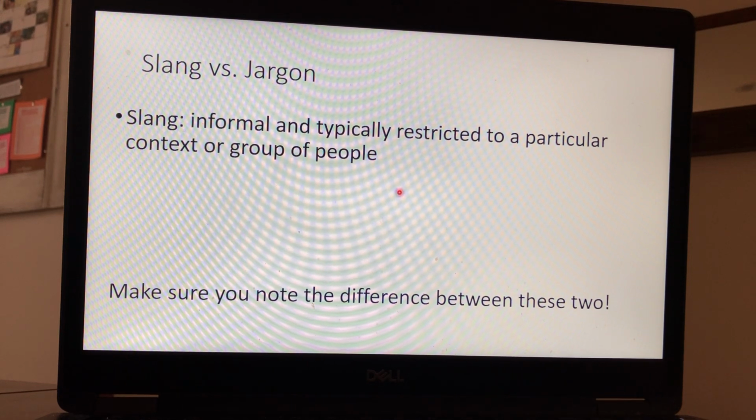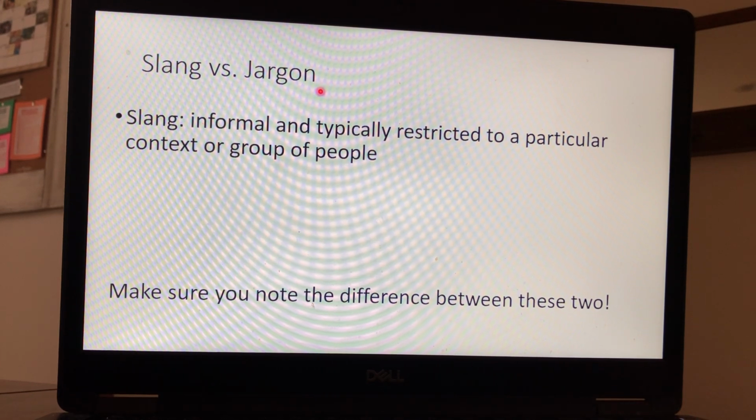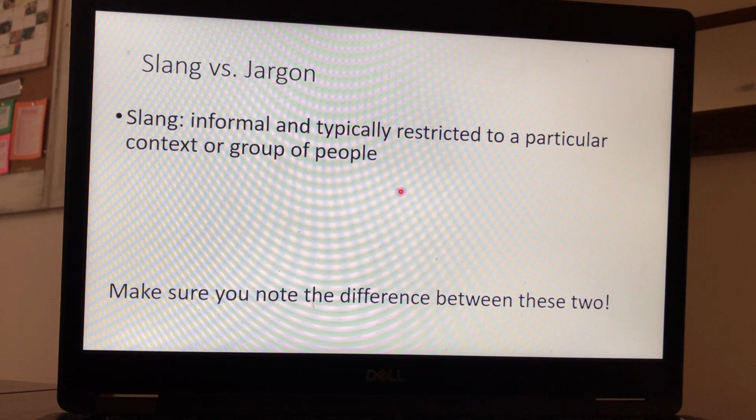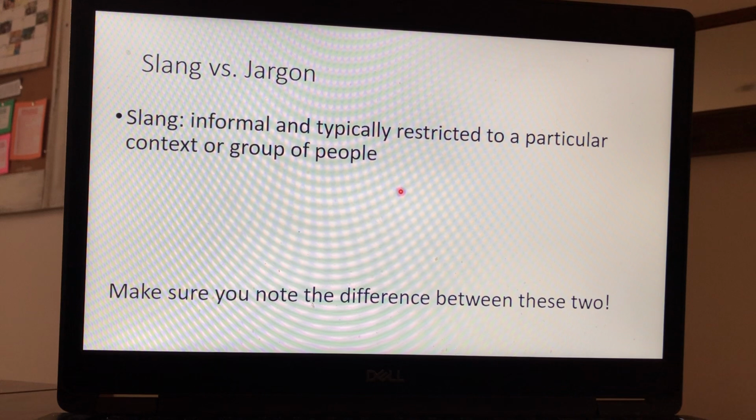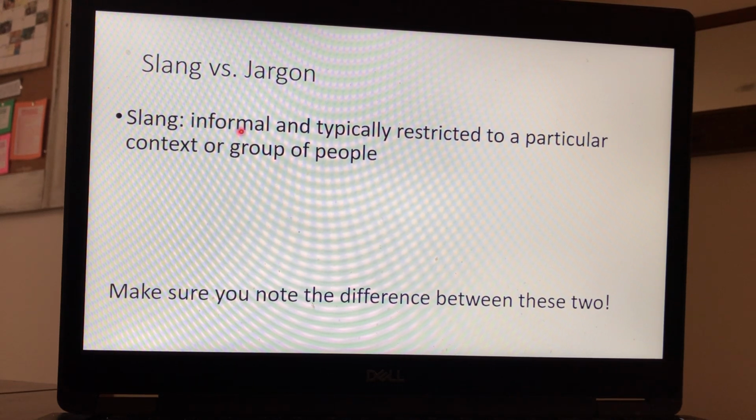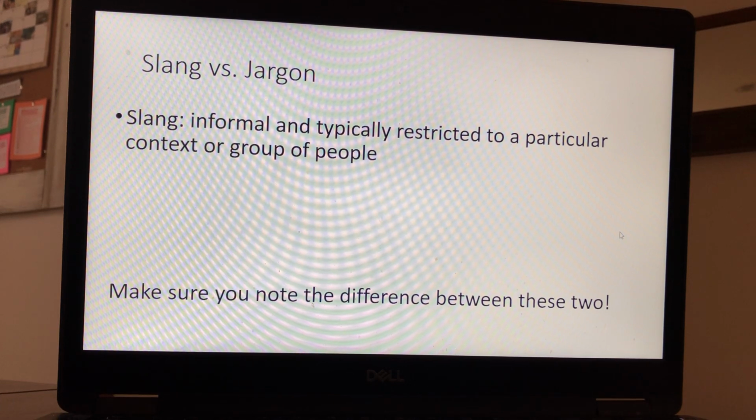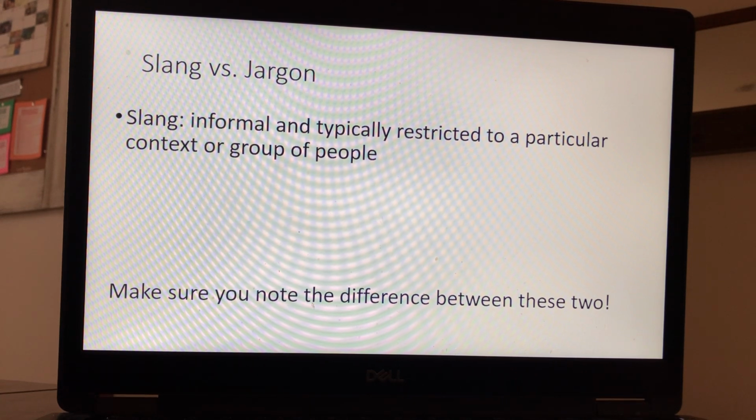Another one is slang versus jargon, okay? And I said at the bottom, make sure you note the difference between these two because they seem kind of similar, but they're pretty different. So slang, the definition of that is informal and typically restricted to a particular context or group of people. So that's talking about language, obviously. You could have so many different types of contexts that have slang.